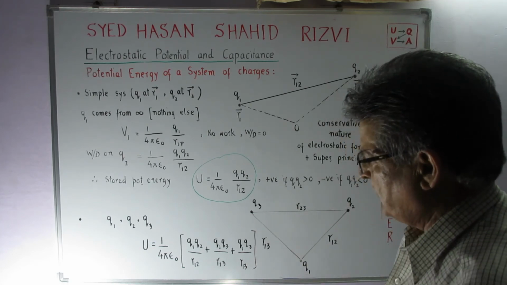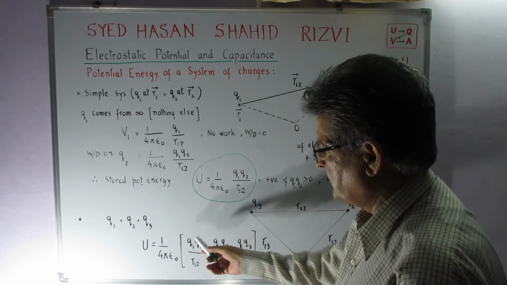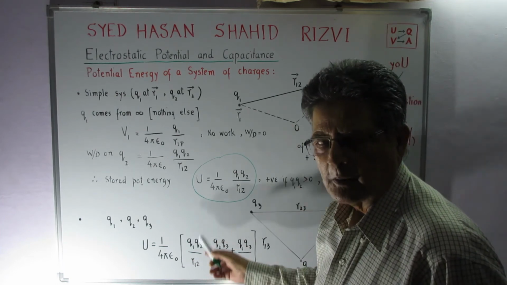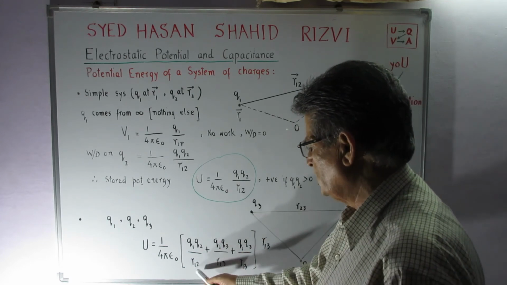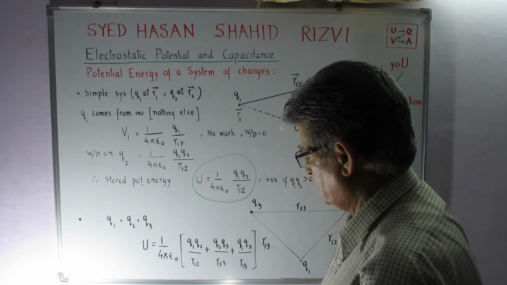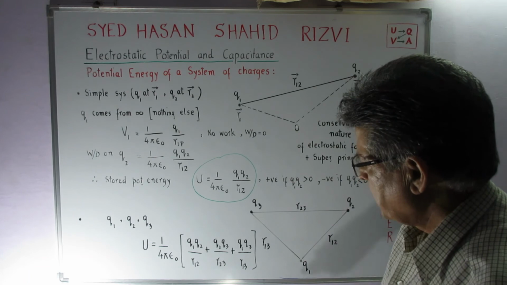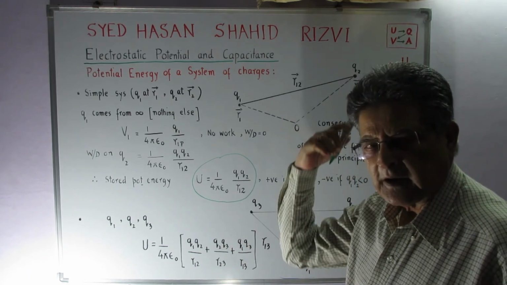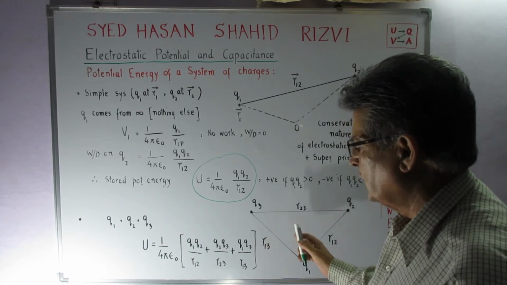If I have a system of 4 charges, then we'll have Q1 Q2 plus Q1 Q3 plus Q1 Q4 divided by the values R12, R13, R14, etc. And then for Q2 now, which has already been accounted for, there are the charges Q3 and Q4.